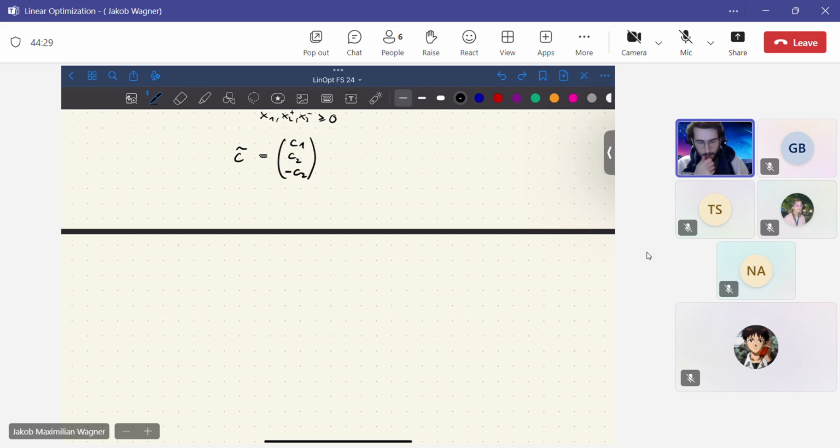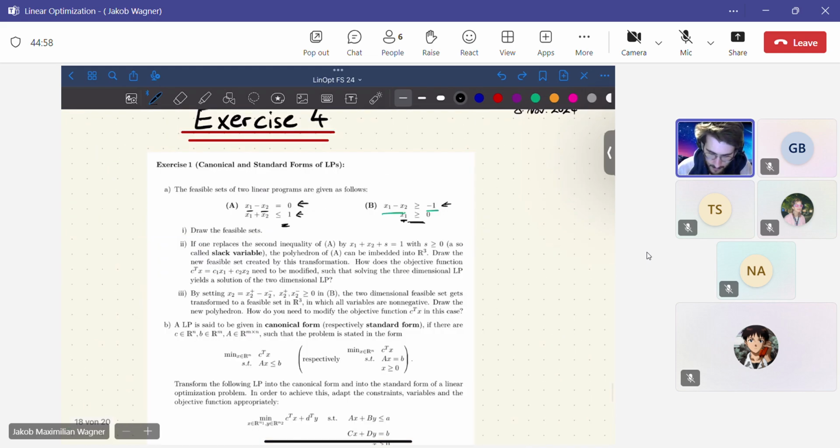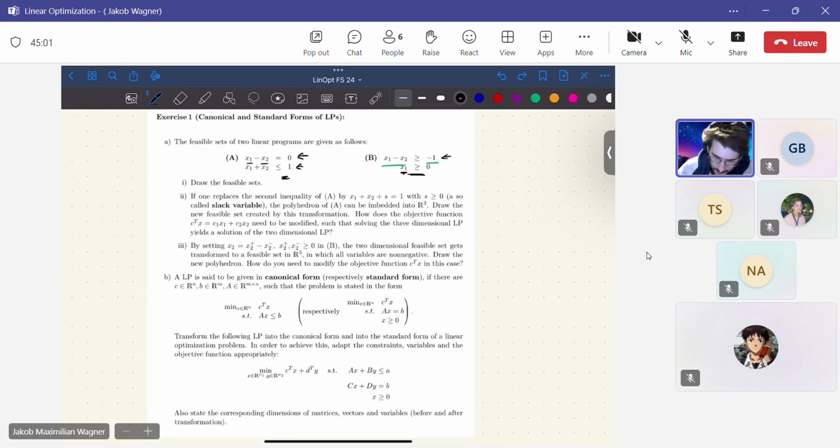I think this will become more obvious when you talk about dual problems in the lecture. So far you've seen yesterday the KKT optimality conditions, and the dual problem of a linear program is somehow related to these conditions, and you get that the dual problem of a problem in the canonical form is always a problem in standard form, and the dual problem of a problem in standard form is always one that's given in canonical form.